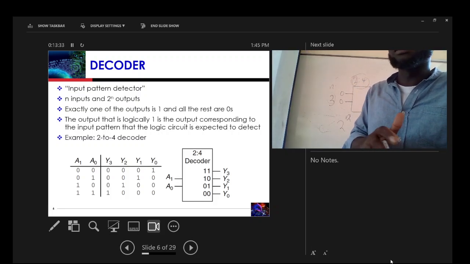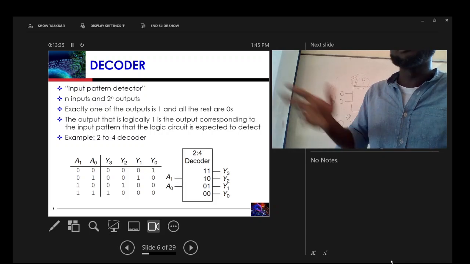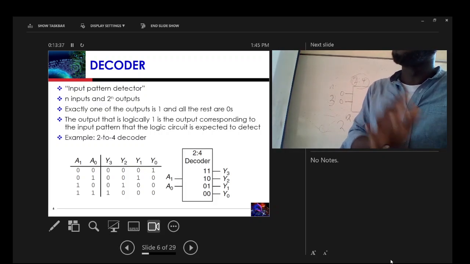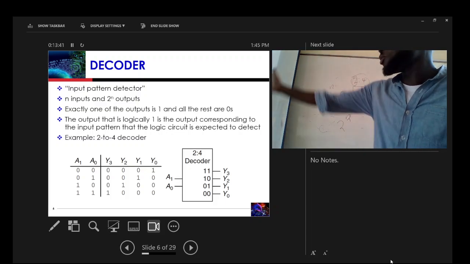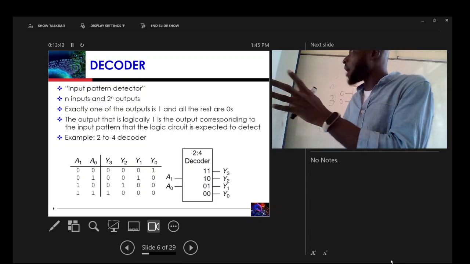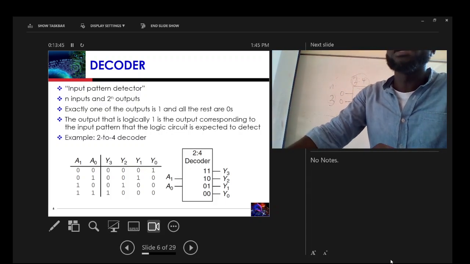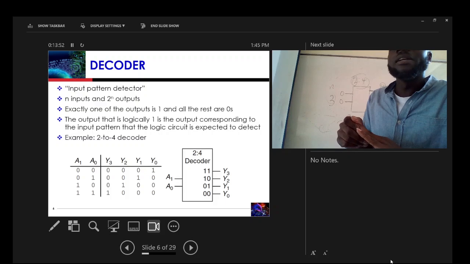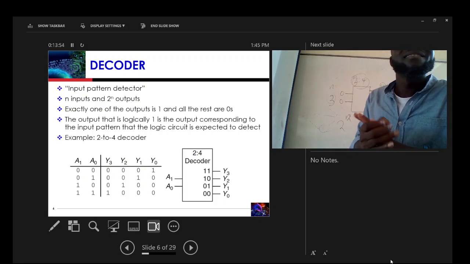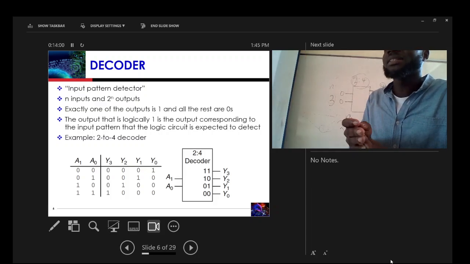You guys have done this already, Boolean logic and stuff like that, so it shouldn't be a difficult thing at all. Based on the truth table, how do I design the inner architecture of the decoder? How do I go about it? Anybody? What gate?